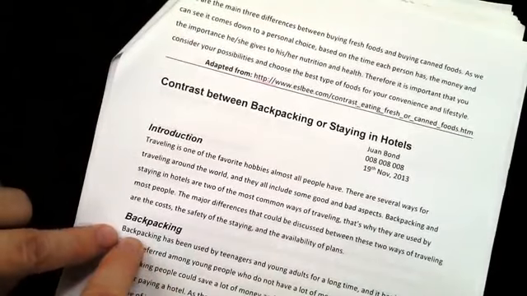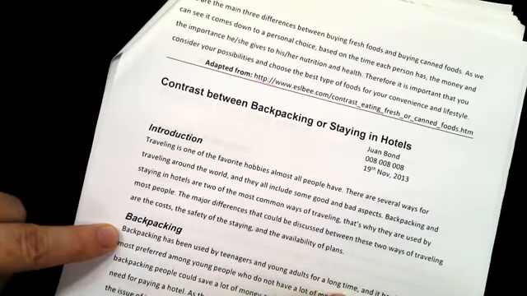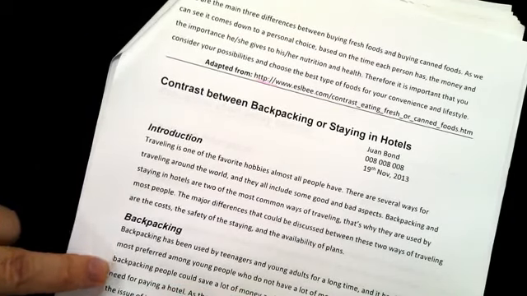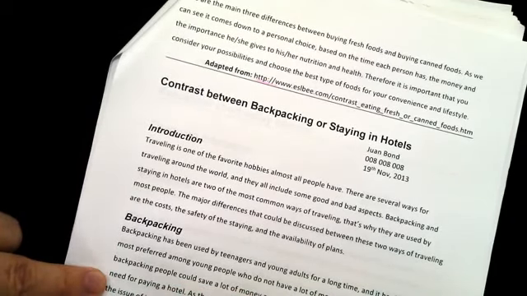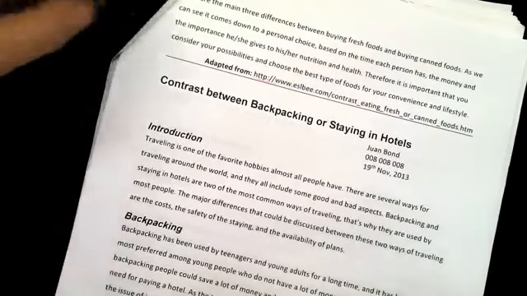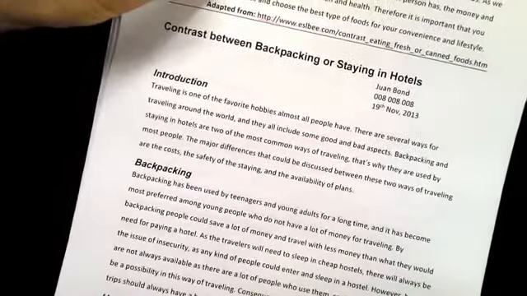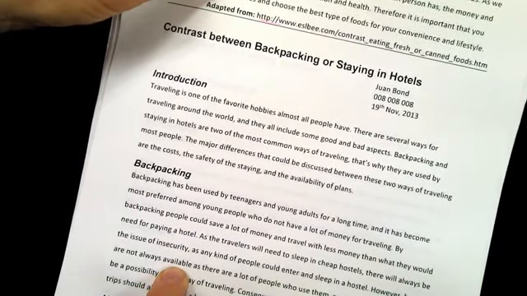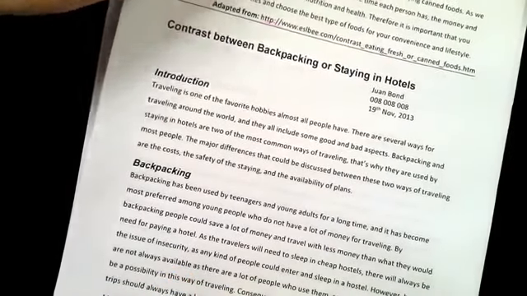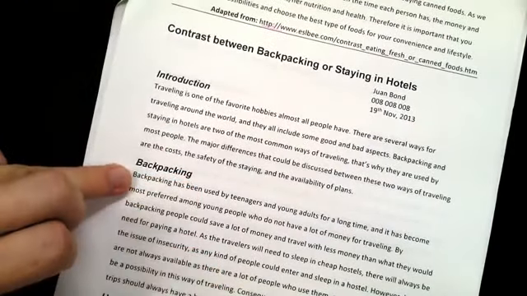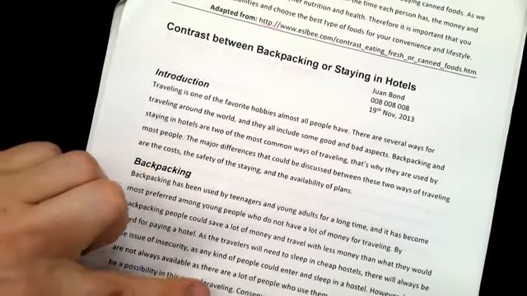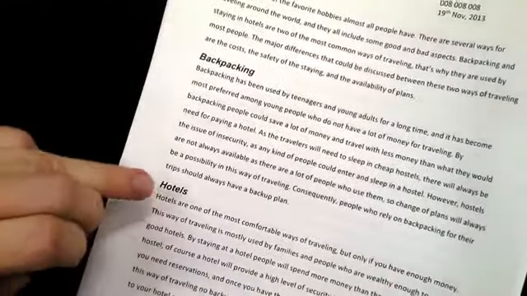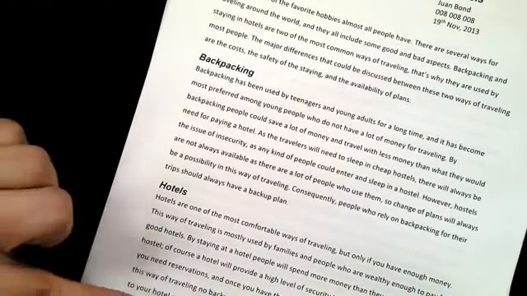Again, there's an introduction, backpacking has been used, and then talking about money, and then safety, and then availability, and conclusion. So again, there's 3 parts: introduction, information, and conclusion. Same with hotels: introduction, information, conclusion.